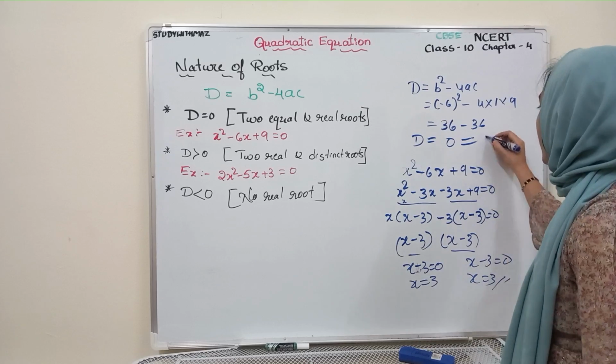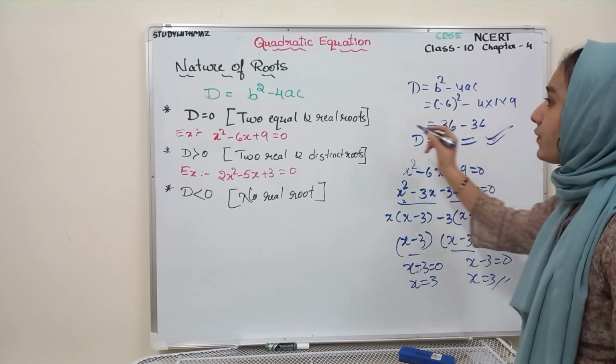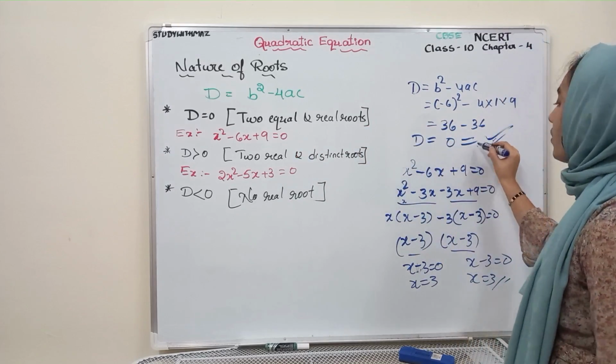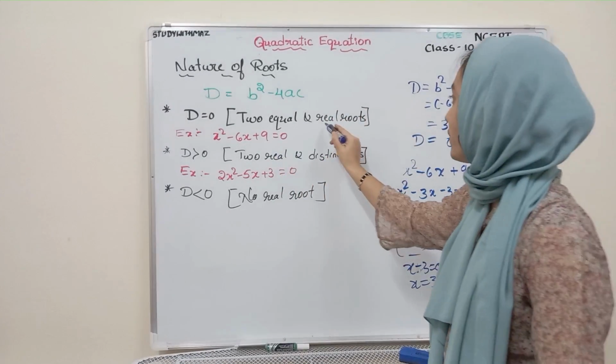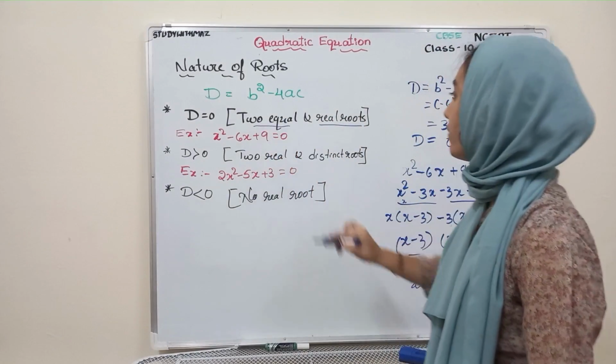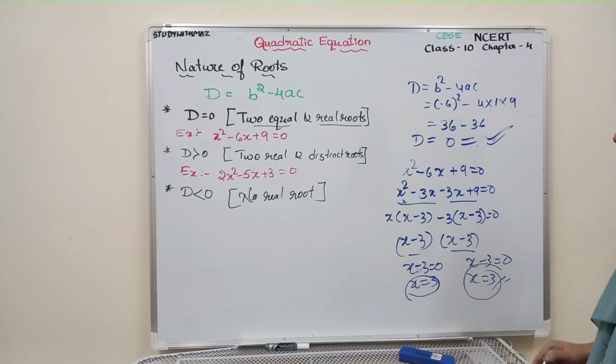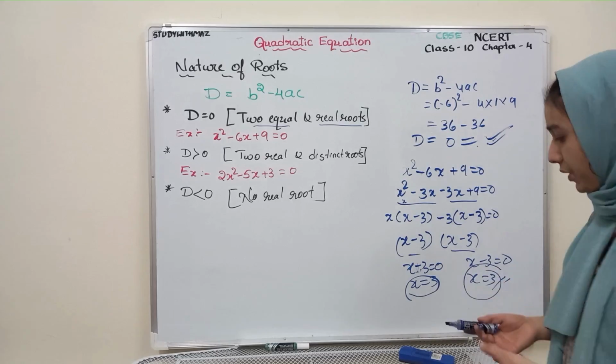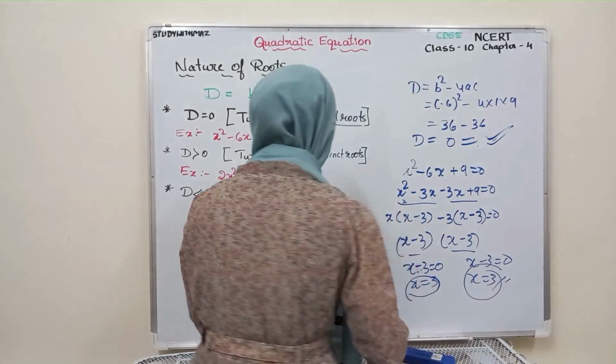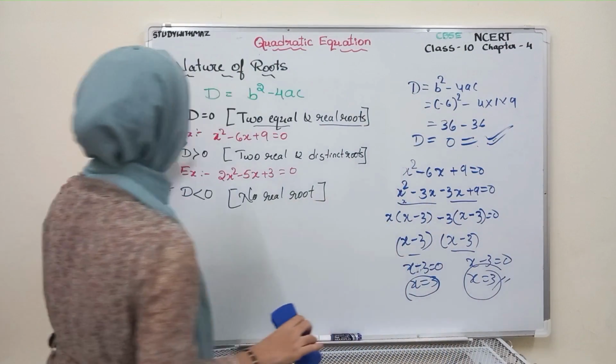Yes, it is absolutely right. If D is 0, the condition says you will get real and equal roots. These two are the same values, x equal to 3 and x equal to 3. Yes, this is correct regarding the first condition.